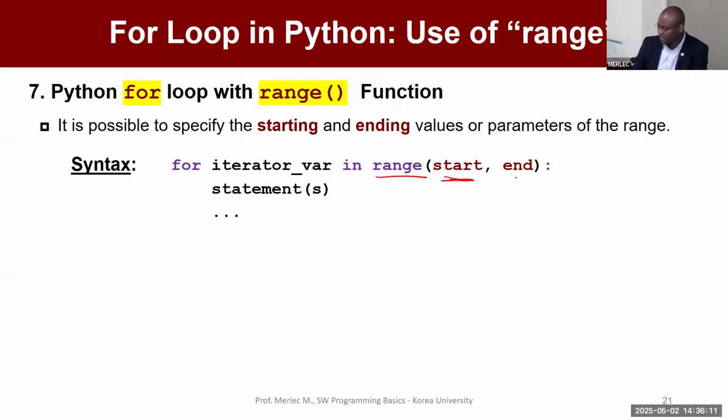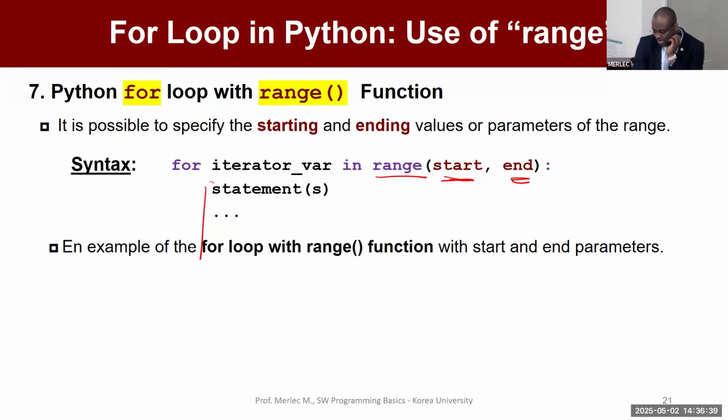Then the second value will be the end, the maximum value for the exit of the for loop. And then you can define the block of statements that need to be repeated under which condition. You can also add the if condition to control that, with break or continue control flow statements. So let's say an example.